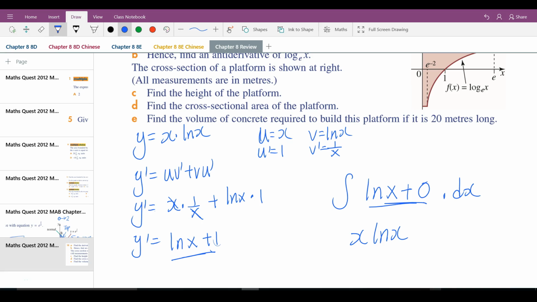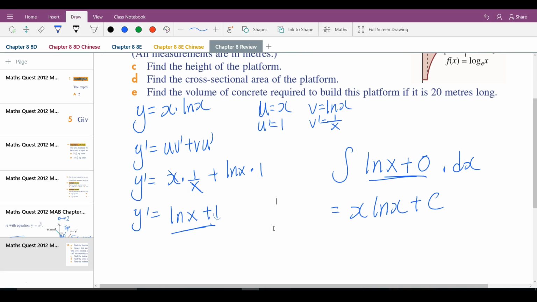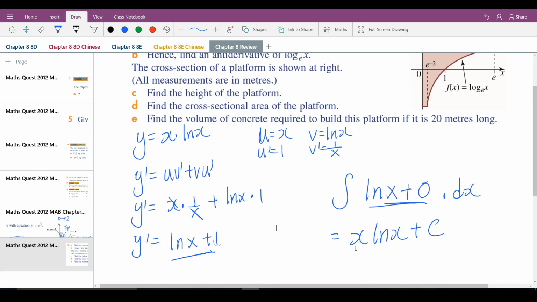So the integral of ln x is equal to x ln x plus a constant. I think that's what they're trying to get, the idea. They showed us when you differentiate x ln x, you get ln x plus a constant. So when you integrate ln x, you should get back x ln x.